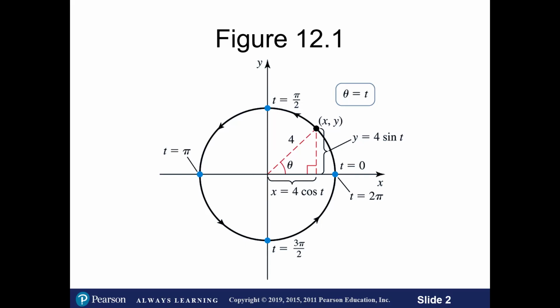A good way to interpret them or to view them is that parametric equations describe a path through the plane. So in this case, as we change t, the path through the plane, the x and y coordinates, trace out this circle of radius 4.